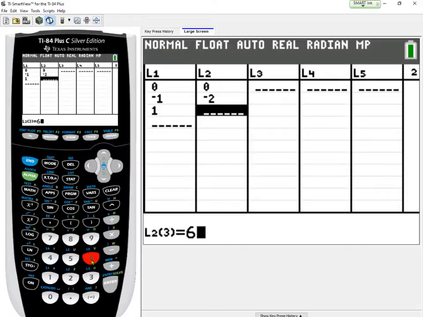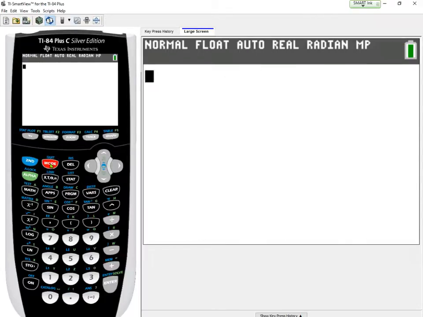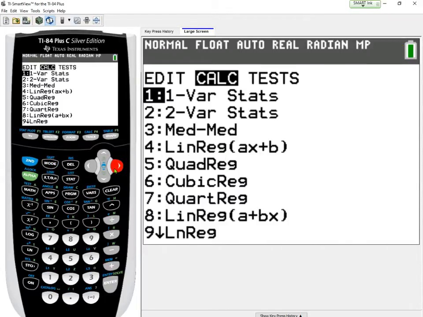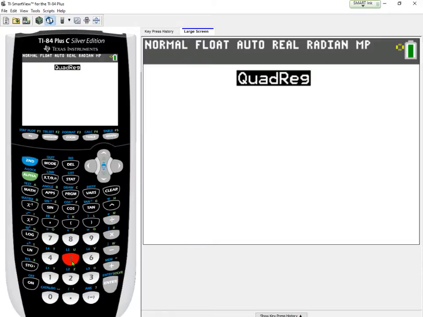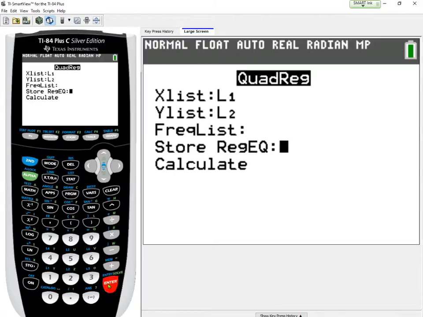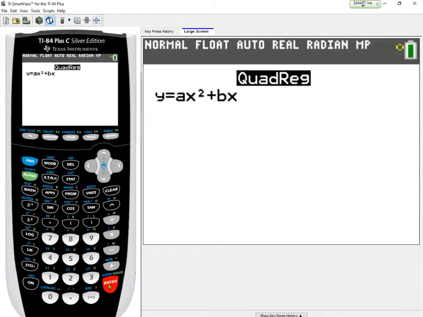Okay, so I got 0, -1, 0, -2, and 6. When I go to quit, I'm going to go stat, calculate 5, which is my quadratic regression. This might be one of the errors that you see, or you don't see it.